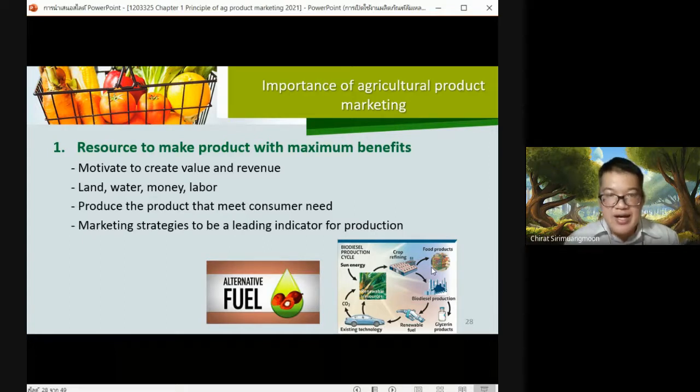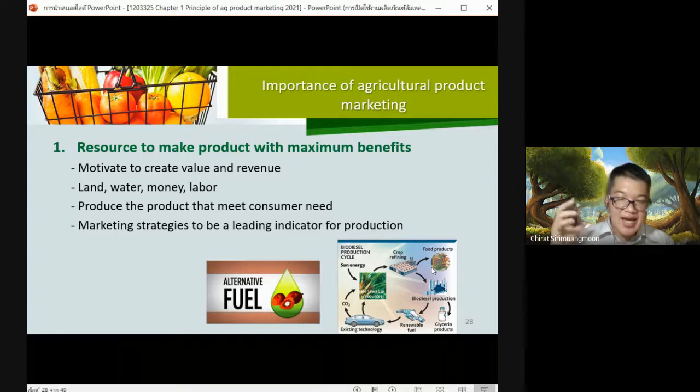So the marketing of the agricultural products in Thailand can motivate the producer to create the values and the revenues to the products, because you need to use the resources in terms of land, water, money, and labor to produce the product that is going to be good for your business. And the product that you produce should meet the consumer need.